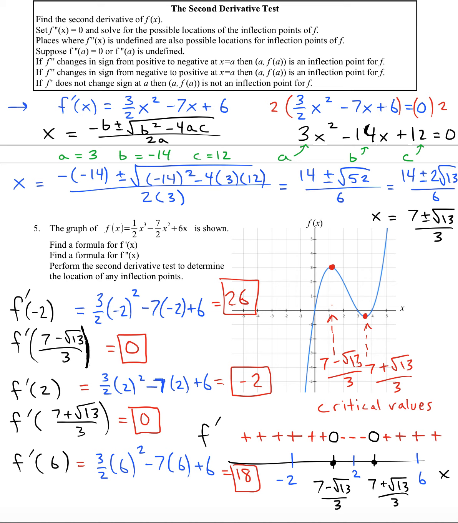And now we can just interpret the results of our test. So according to our test, we have a positive slope to the left of the critical value of 7 minus radical 13 over 3.